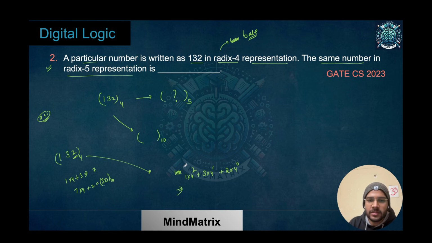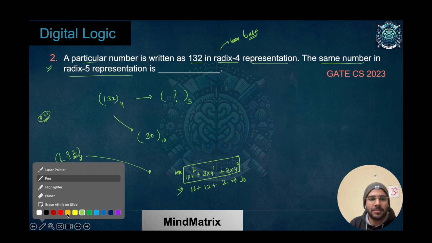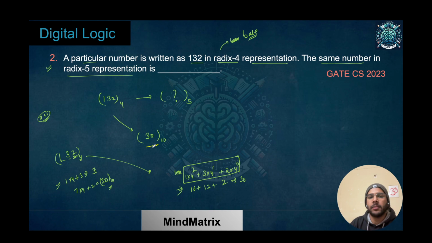The same thing we are doing in this way: 1 into 4 plus 3 gives you 7, then 7 into 4 plus 2 gives you 30. This is 16, this is 12, and this is 2, so this will also give you 30. So its decimal equivalent is nothing but 30.